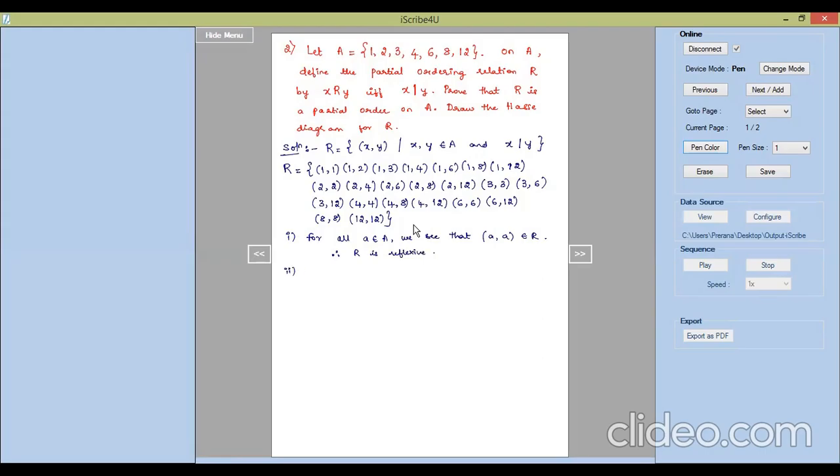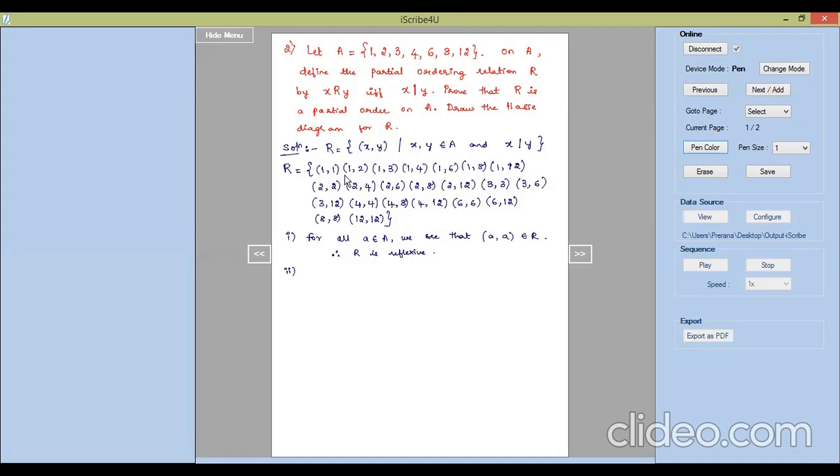Now the second condition is based on antisymmetric. Now we have to look at antisymmetry for different elements. We are not looking for the same elements, that is 1, 1, 2, 2, 3, 3, etc. We look for different elements.